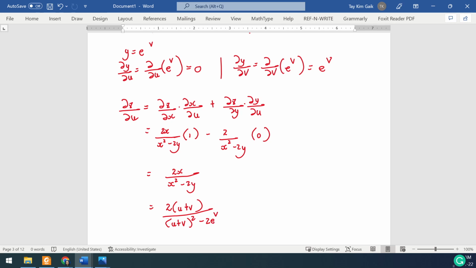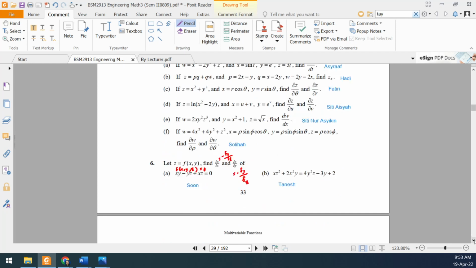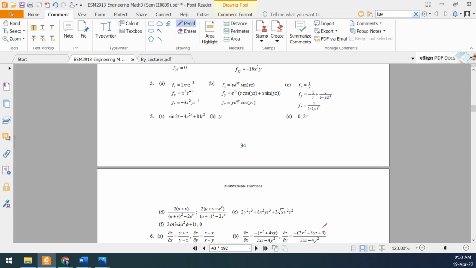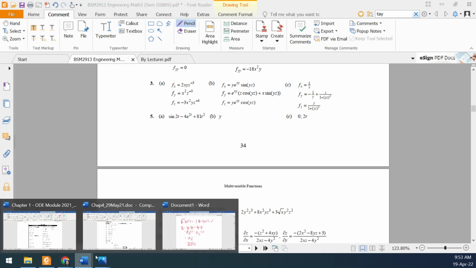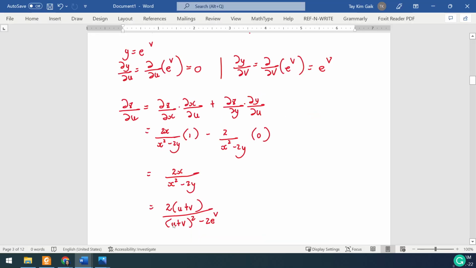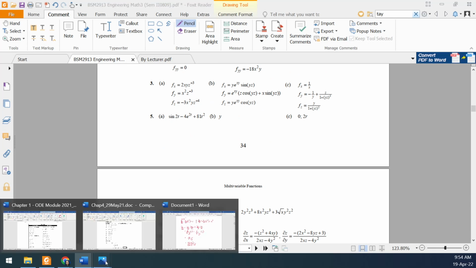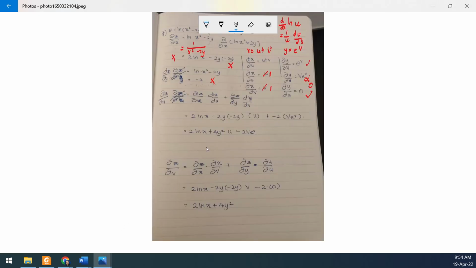So you see, this is question 5d, I made a mistake there. So 2 bracket u plus v over u plus v squared minus 2 exponent v. So yeah, this one is not correct.